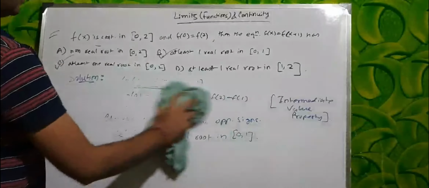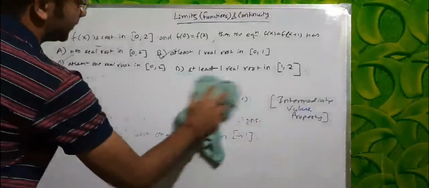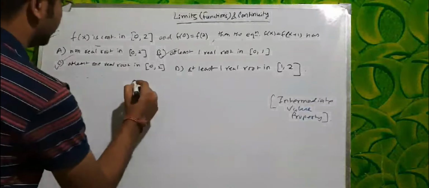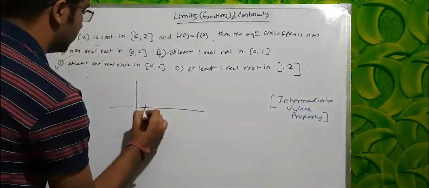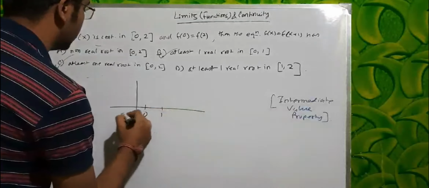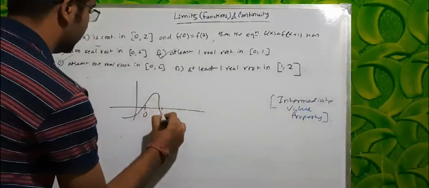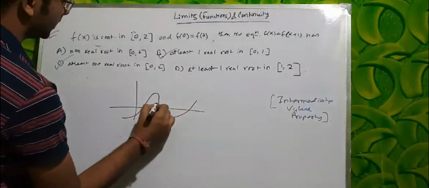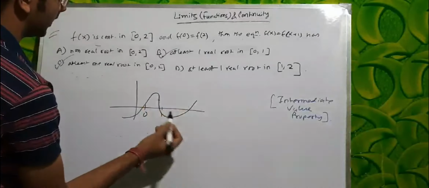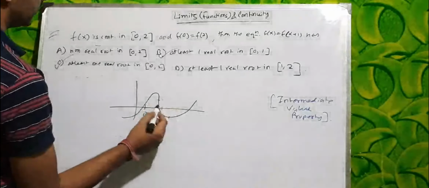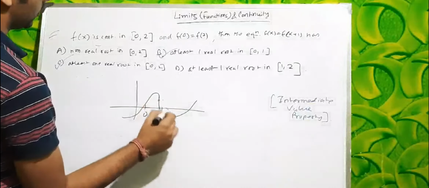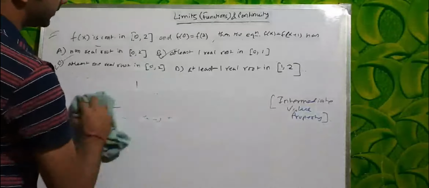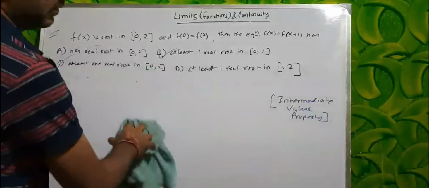If I want to elaborate, suppose the function goes like this, with 0 here and 1 here. It is continuous and changing sign, positive and then negative. So if we get this value and this value and see that they have opposite signs, we can say that it has a root in (0, 1). That is the point.